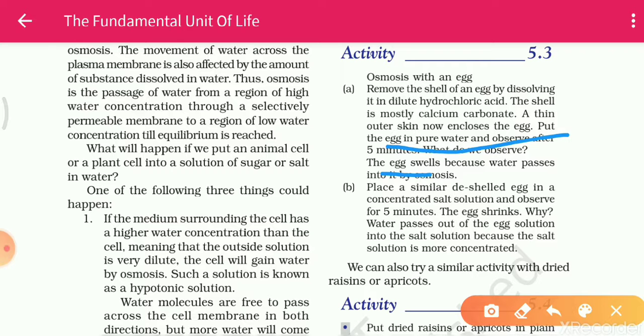And in the second case, we have put the same egg in the salt solution, but what happened here, the salt solution is more concentrated. That's why the water present in the egg cell comes out, and that process is called exoosmosis.